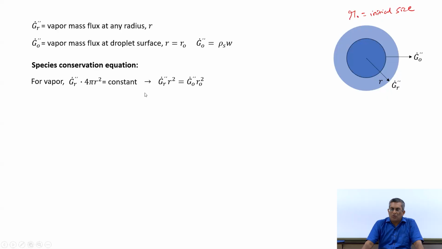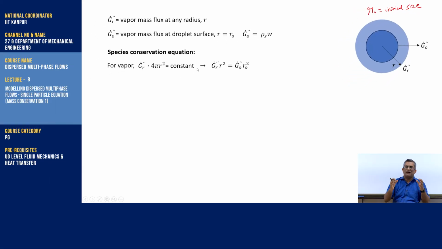Now, this is equal to a constant, that makes sense, right. So, this tells you that this parameter G_r times r square is a constant. This simply tells you that as you move away from the droplet, this flux is going to reduce, because flux times total area is constant, as simple as that. And you get this equation, because again the mass has to be conserved.